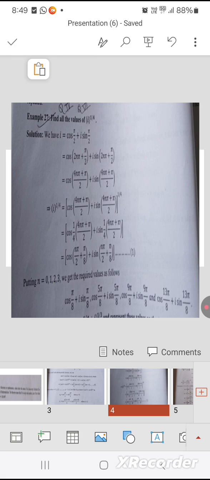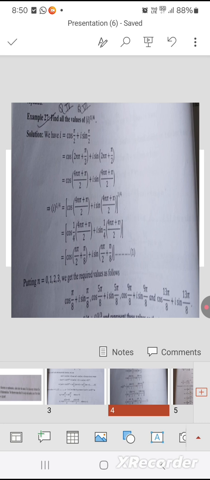Using De Moivre's theorem, this is equal to cos((4n pi plus pi) by 8) plus i sin((4n pi plus pi) by 8), which is equal to cos(n pi by 2 plus pi by 8) plus i sin(n pi by 2 plus pi by 8).